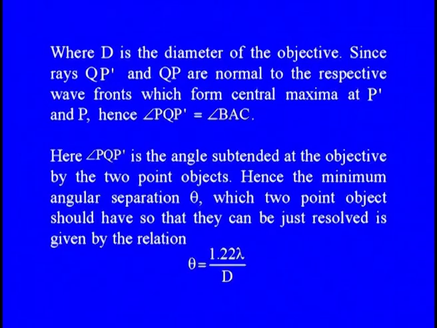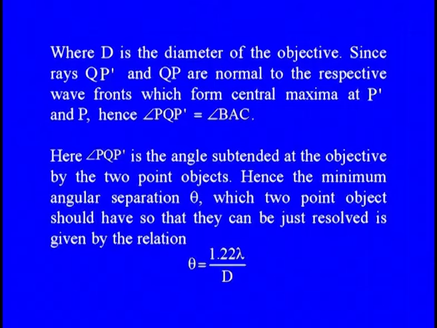Since rays QP prime and QP are normal to the respective wave fronts which form central maxima at P prime and P, angle PQP prime will be equal to angle BAC. Here angle PQP prime is the angle subtended at the objective by the two point objects.